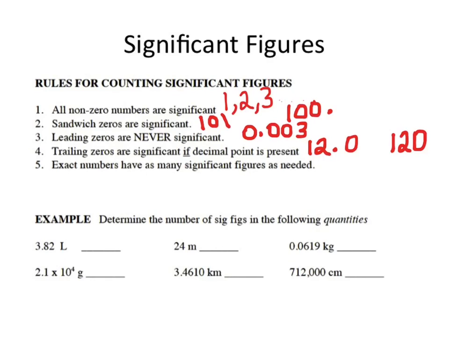So let's look at these examples. 3.82 liters. Jacob, how many significant figures? 3. Emily, 24 meters. How many sig figs? 2. Mary Catherine, 0.0619 kilograms. How many sig figs? 3.